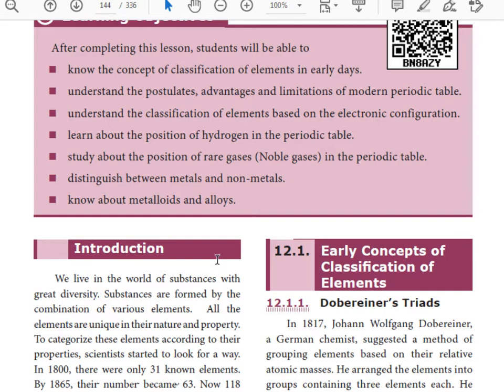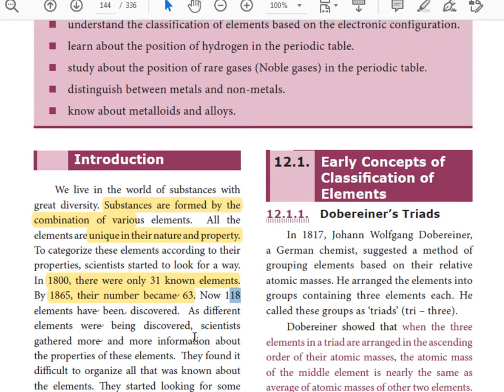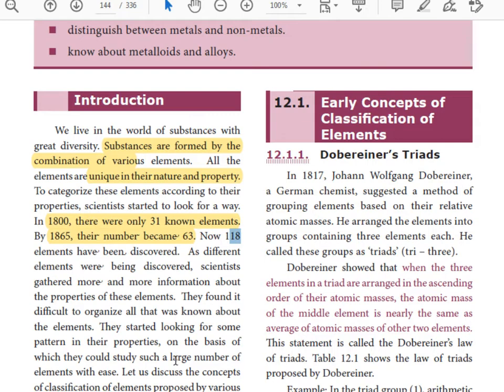Is it easy to classify the elements individually? It is not possible to classify the elements individually. So scientists gathered more and more information about the properties of these elements, and based on the properties they started to classify the elements.